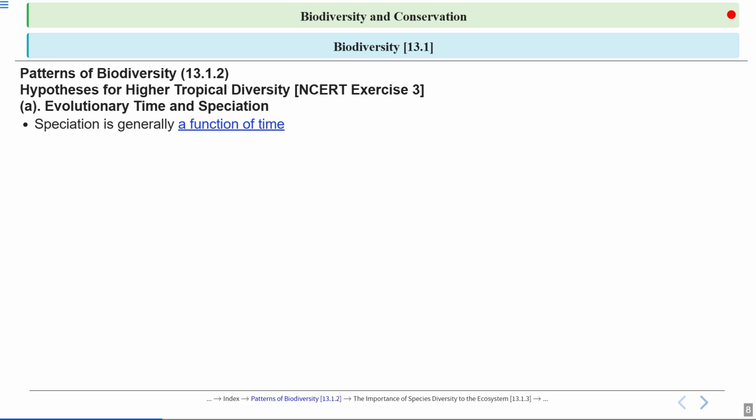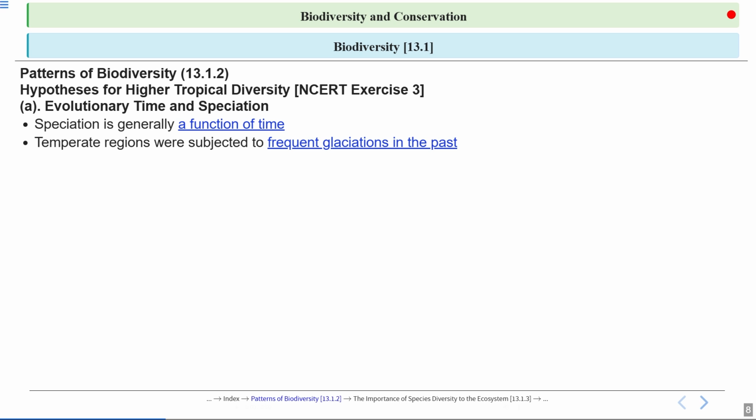So the longer an organism or a group of organisms has to evolve, and if there are no interruptions during its evolution, then it is more likely that a new species will appear, meaning speciation will occur. More time, then speciation will occur.